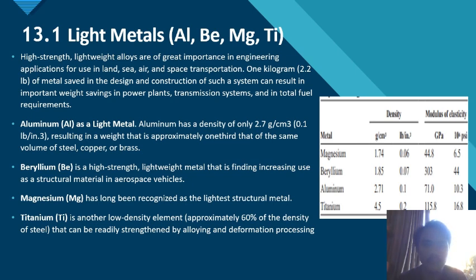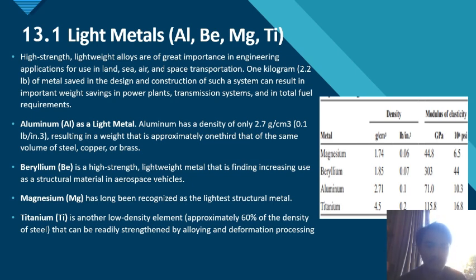Light metals are high-strength, lightweight alloys of great importance in engineering applications for use in land, sea, air, and space transportation. One kilogram, or 2.2 lb, of metal saved in the design and construction of such a system can result in important weight savings in power plants, transmission systems, and in total fuel requirement.